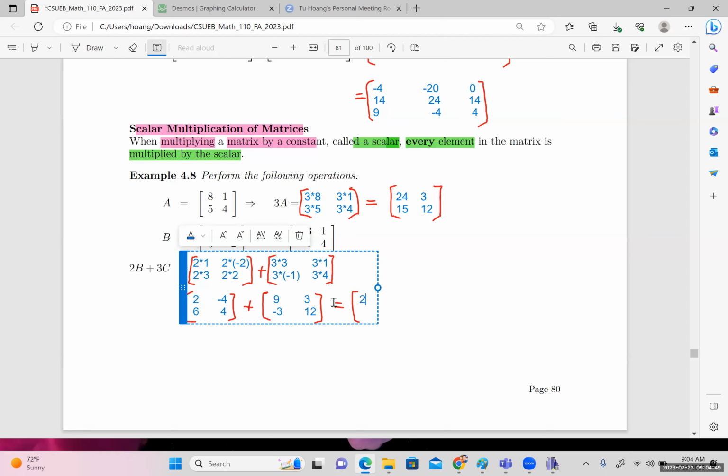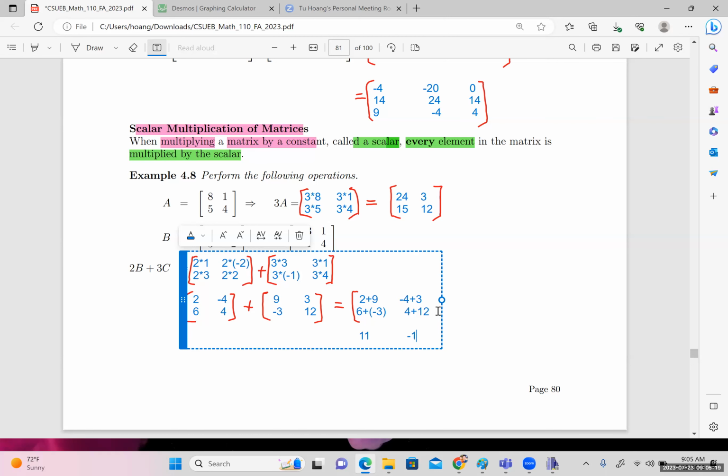You have 2 plus 9, -4 plus 3, and then 6 plus -3. Move this a little bit. And then 4 plus 12. Right, and then you can simplify to make the last one. 2 plus 9 is 11.